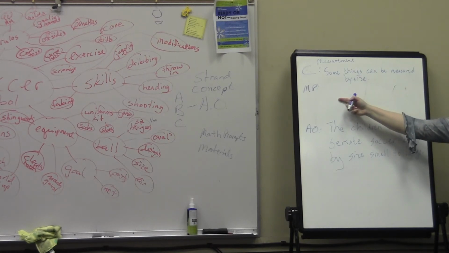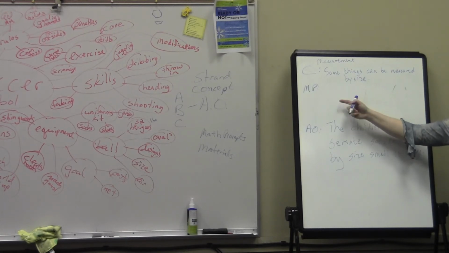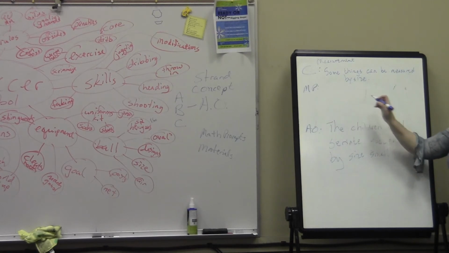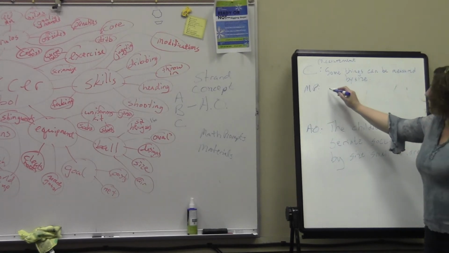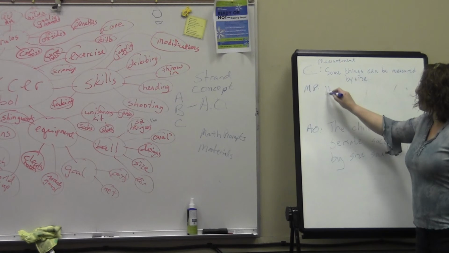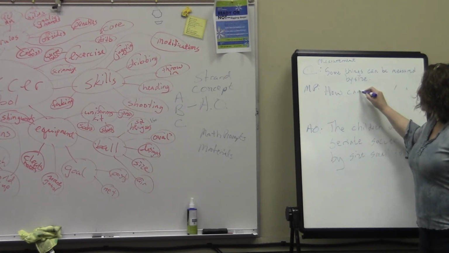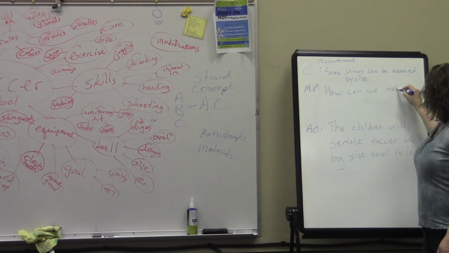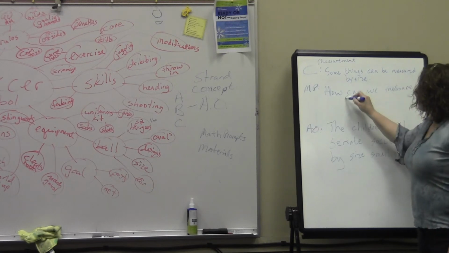Do soccer balls come in different sizes? No, it has to be who or what. Say, how could we measure soccer balls? Yeah, that's good. You measure them by size, small to large.